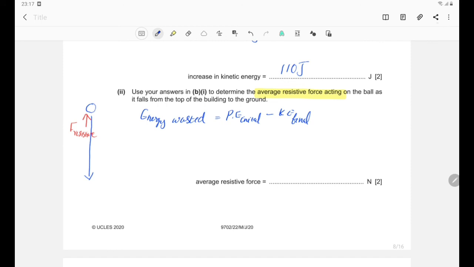That means the remaining energy has been wasted in the form of heat, and it is only due to this resistive force. So we have the values, you can substitute.